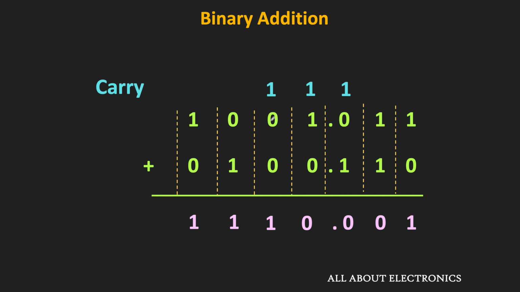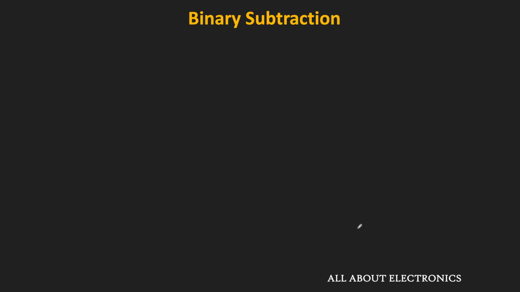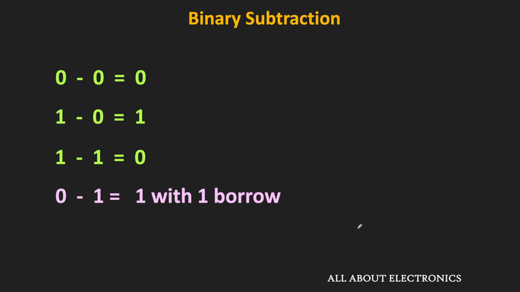So similarly, now let us see the binary subtraction. Following are the rules for the binary subtraction. In binary, 0 minus 0 is equal to 0, while 1 minus 0 is equal to 1. Similarly, 1 minus 1 is equal to 0 and 0 minus 1 is equal to 1 when 1 is borrowed from the next column.